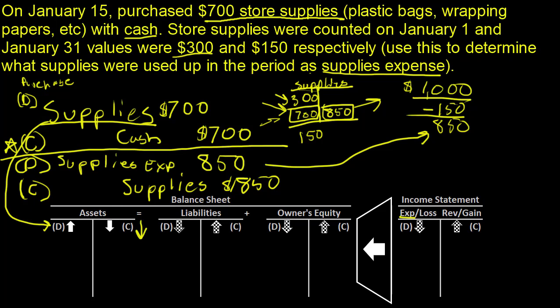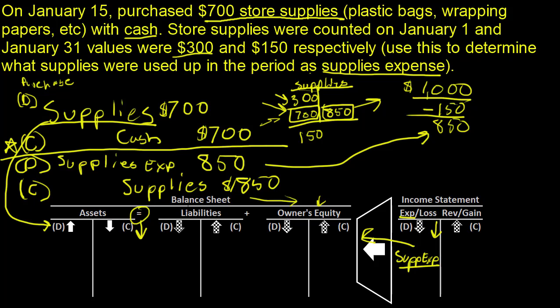And that credit of supplies is going to reduce our assets. And so where these map on is the expense, supplies expense. It will reduce our net income, which goes into our owner's equity on this side of the balance sheet. And we need something else to balance it out.